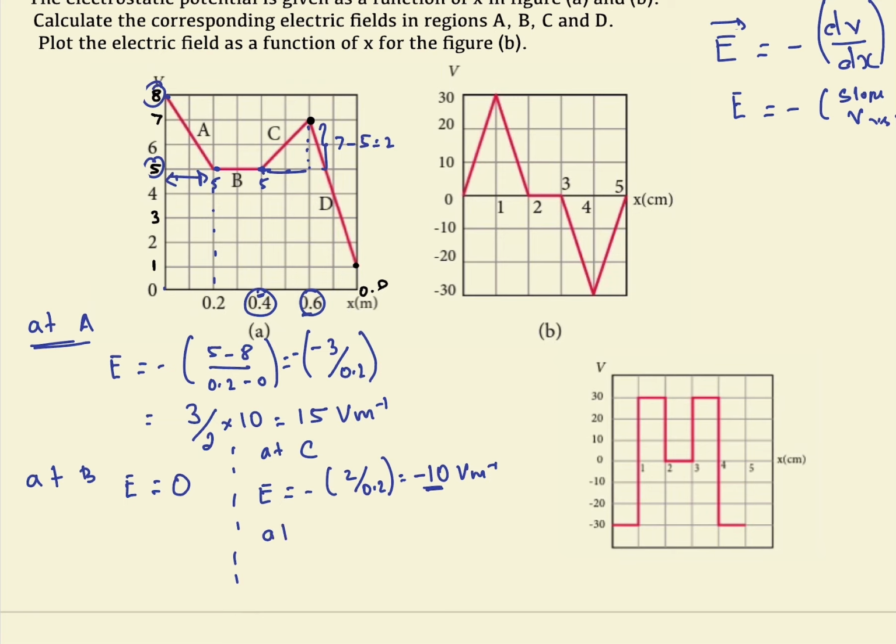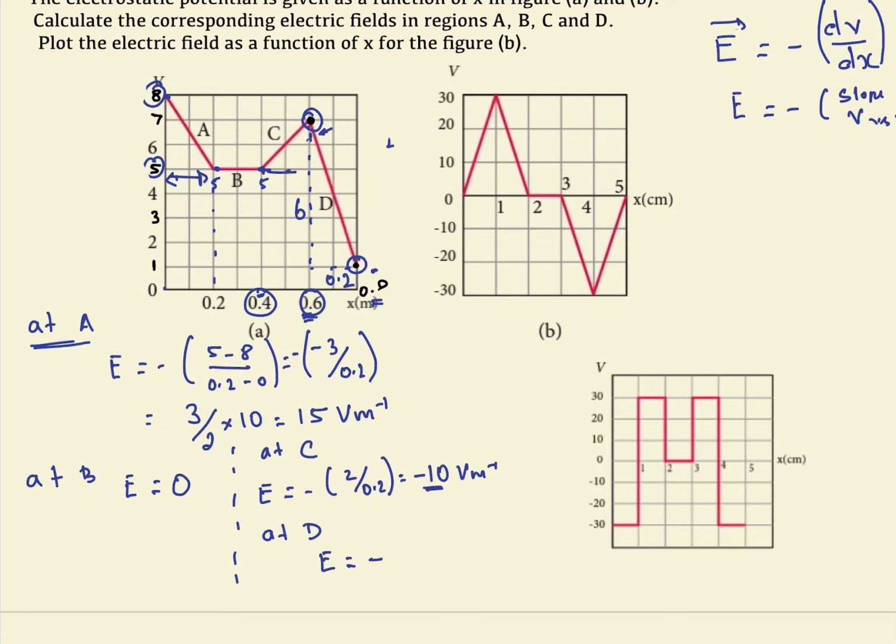Now what I have is D. Electric field at D, again I should find from this graph. So here it is 0.6 to 0.8, and the potential goes from 7 to 1. So the difference along the y axis is 6, and along the x axis it is 0.2, correct?